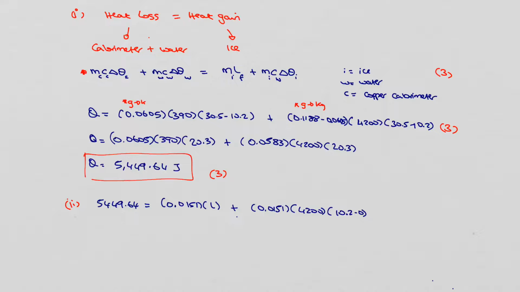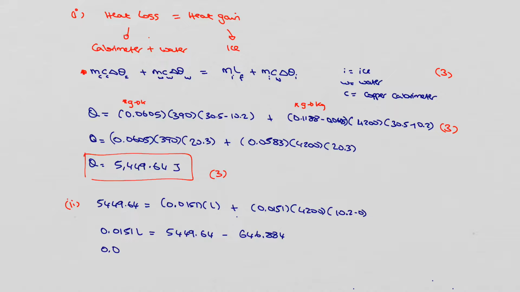So now we want to rearrange to get L on its own. So we have 0.0151 L is equal to 5449.64 minus, if I bring everything over to the right, 646.884.